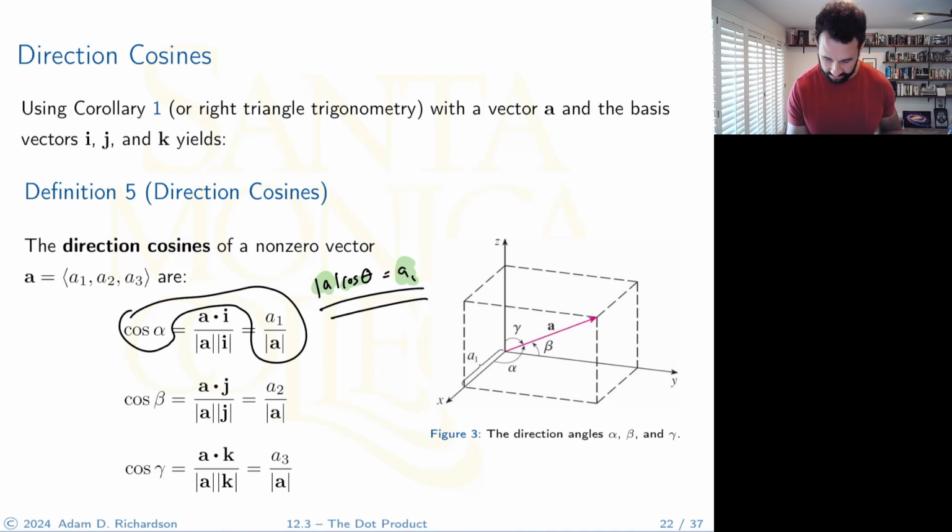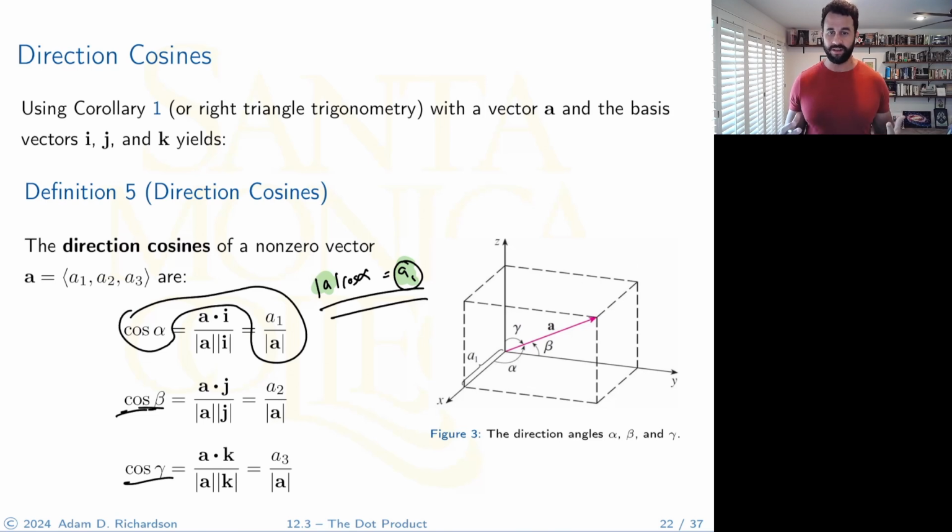Oh, I'm sorry, not theta, my bad. Let me fix that. That should say alpha. My apologies. There you go. So you take the length of the vector A, you multiply it by cosine alpha, and what you get is the x component, which makes sense. Similarly for cosine beta and cosine gamma.